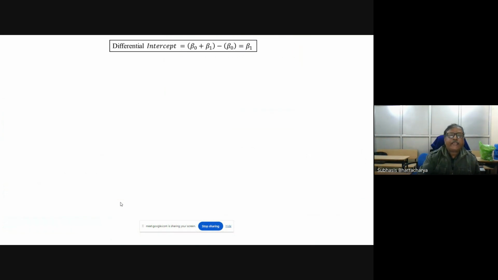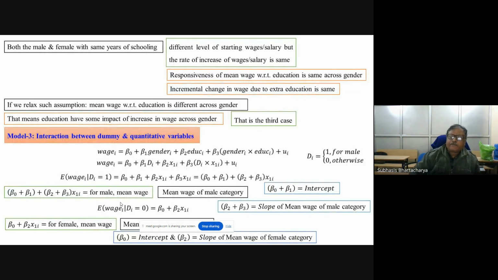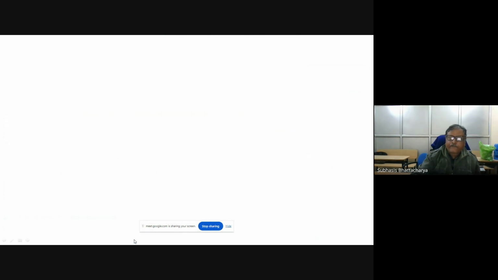So what we get is differential intercepts. The intercept for the male category is beta 0 plus beta 1, and for the female category the intercept is beta 0. So what is the difference? The difference is beta 0 plus beta 1 minus beta 0, that is beta 1, which is also the same as in our model 2.